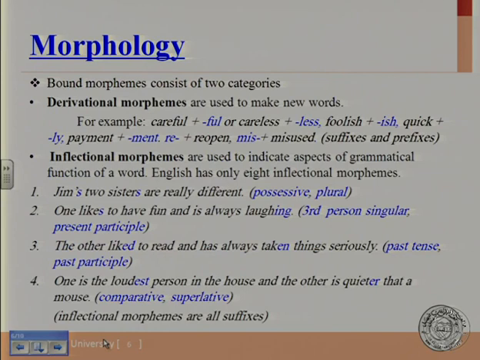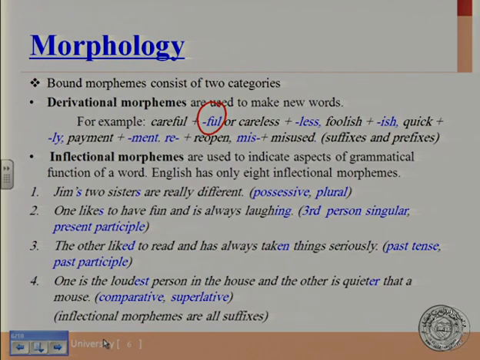Now, the bound morphemes also consist of two categories: derivational morphemes and inflectional morphemes. The derivational morphemes are used to make new words. For example, a word like care, we can also say careful. So we add the suffix ful. So from care to careful, we derive a new word.